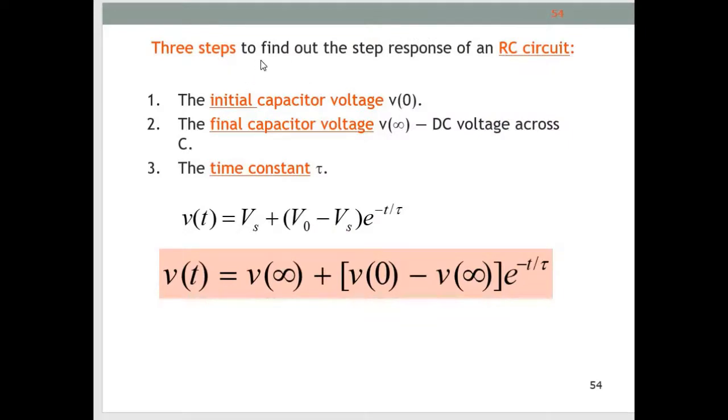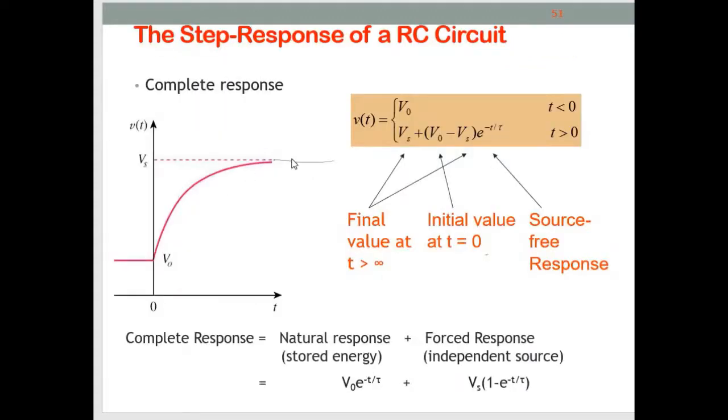Okay, three steps to find the step response of an RC circuit. First, find the initial capacitor voltage, whether it is initially charged or initially uncharged. Second, find the final capacitor voltage, V infinity or V saturated, for a DC voltage source; here is V0, here V infinity.